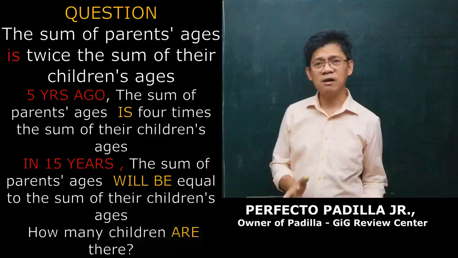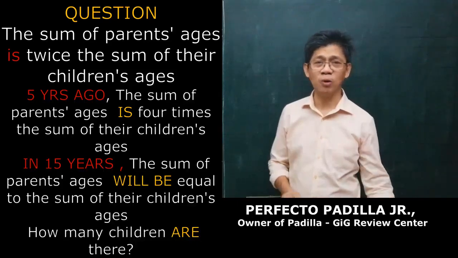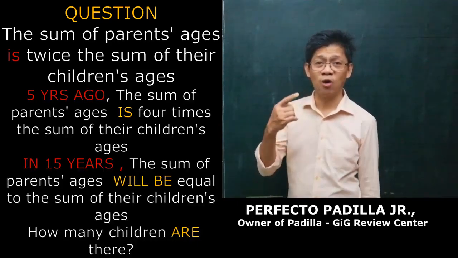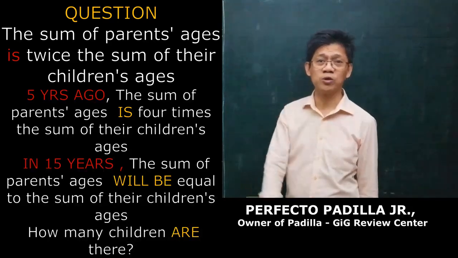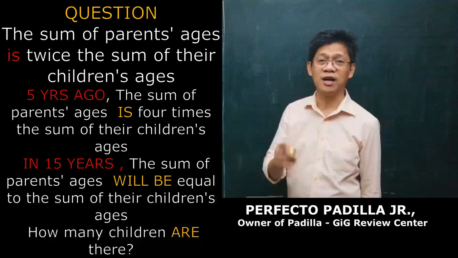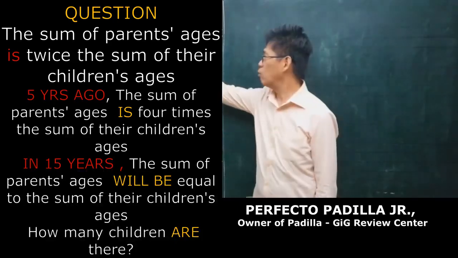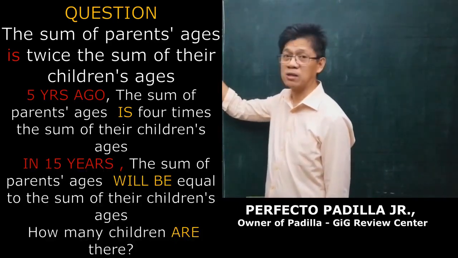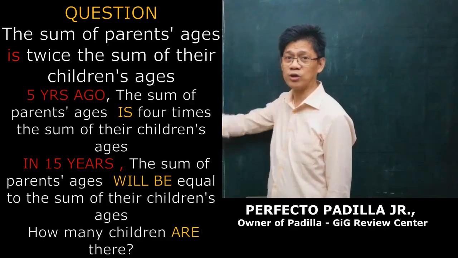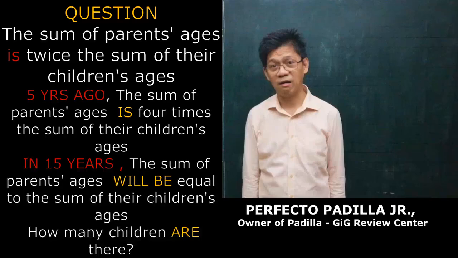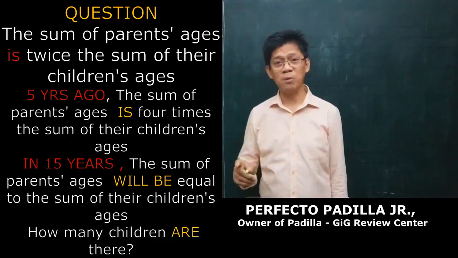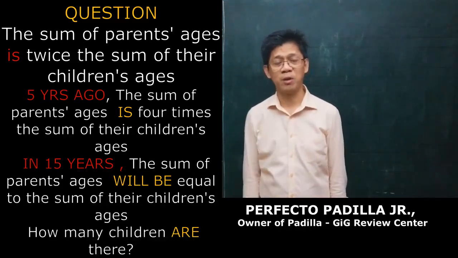So if there are many possibilities, most likely the reason why the author did not specify it is that he was thinking of the most obvious. I also call this the theory of the obvious. Now, we are talking here of parents' ages. Of course, it was not said how many couples or parents there are. But if that would be your frame of mind, you will not be able to solve the problem.